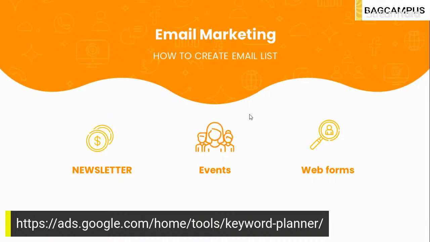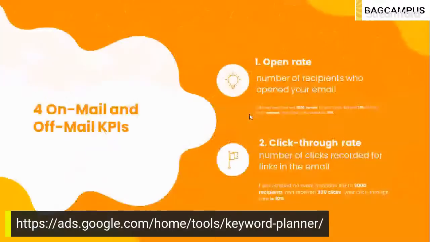Events: Backcampus performs a lot of events, and we got a lot of response from you. Then web forms, so we can ask you for feedback. That way we can get some emails, right?